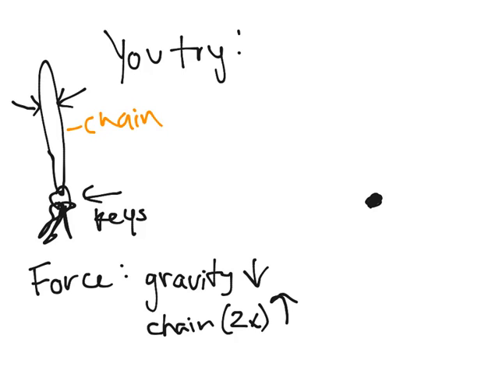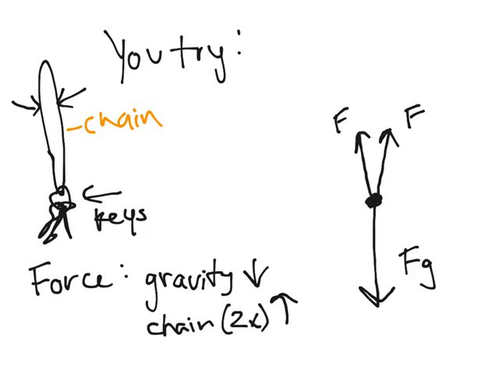So to draw this, we draw our gravity, which should be Fg, and then we'll have to draw one chain and another. So these both would be forces from our chain. But remember, we call this tension.